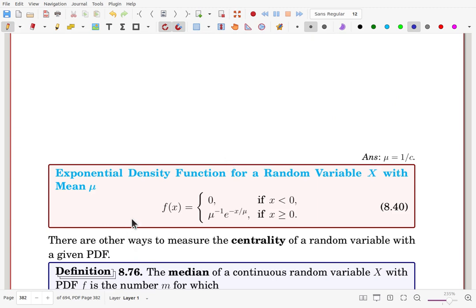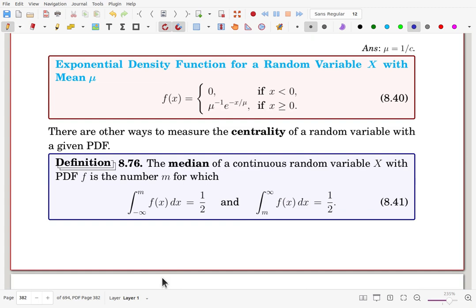If we try to indicate the mean, then f of x for the exponentially decaying probability density function, we can write it as, rather than c, 1 over mu, because c is 1 over mu. Here, 1 over mu times e to the minus x over mu. Then, along with this, we can easily see the mean is mu.